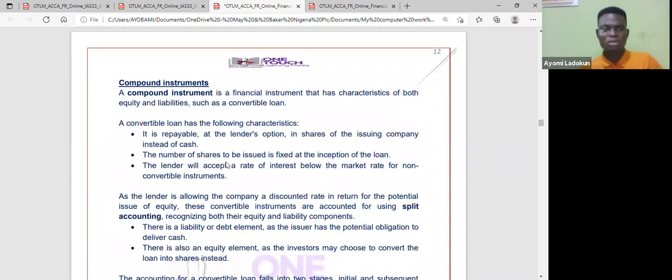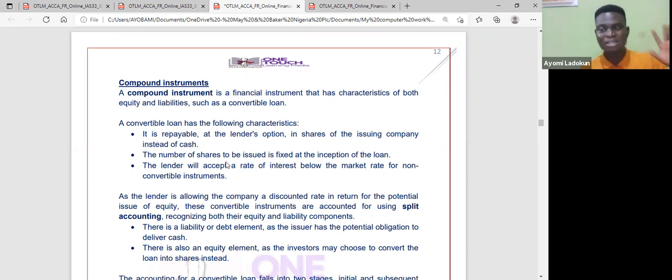Now, let's take a look at compound instruments. I'm not sure the examiner will bother you here, but let me explain it in case you were bothered. A compound instrument is a financial instrument that has characteristics of both equity and liability. So if I have, for example, a convertible loan, once you see in a question that you're given a convertible loan, that is a compound instrument.